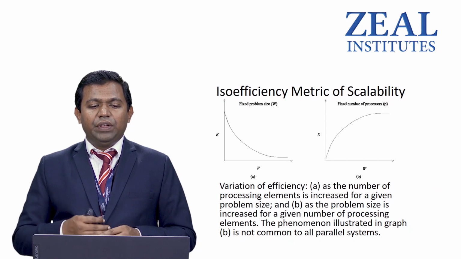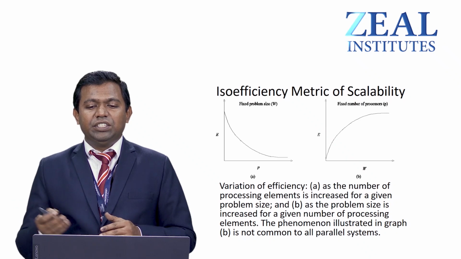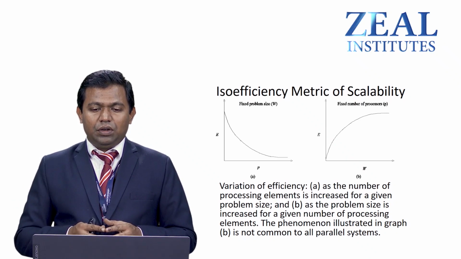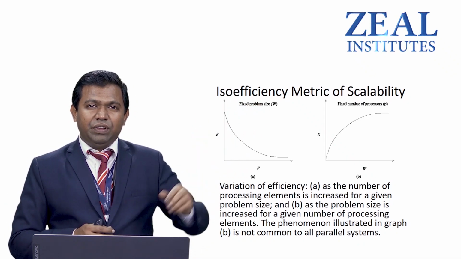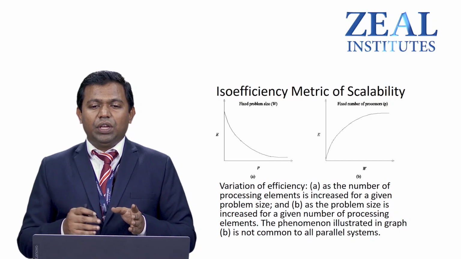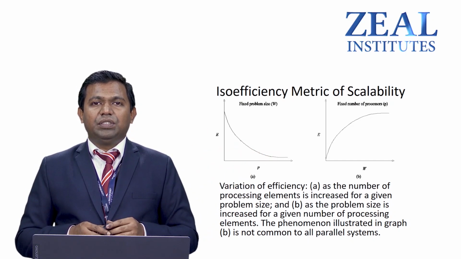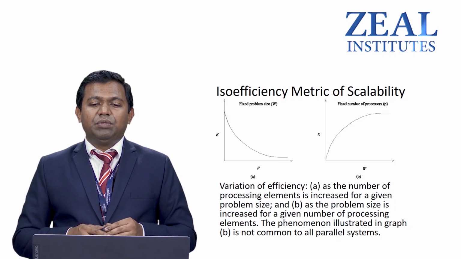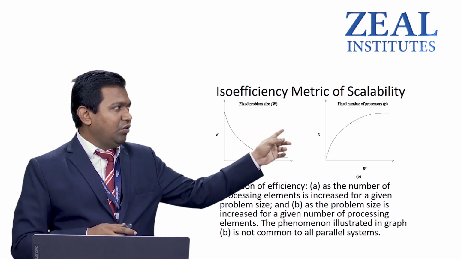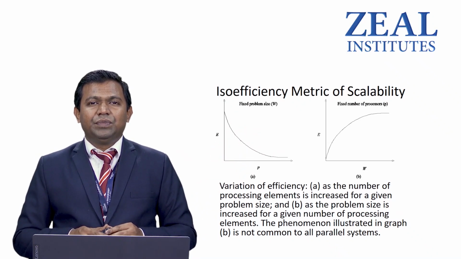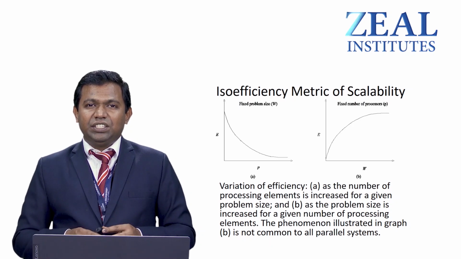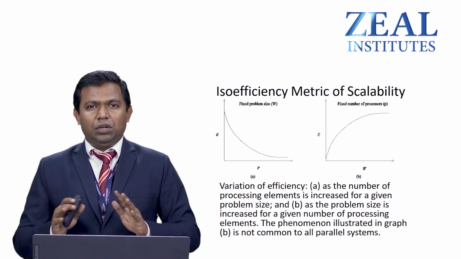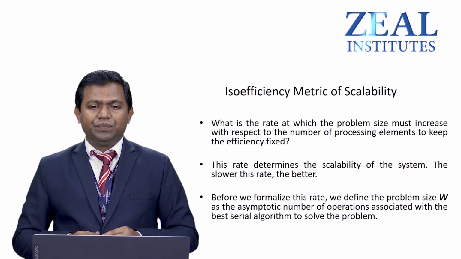In the first figure you have a fixed problem size, and in the second figure you have a fixed number of processors, and the problem size is denoted by W. In figure B, the x-axis is problem size. As your problem size is increasing, your efficiency is also increasing. The phenomenon illustrated in graph B is not common to all parallel systems.